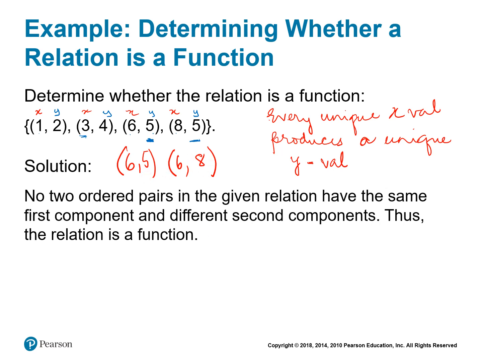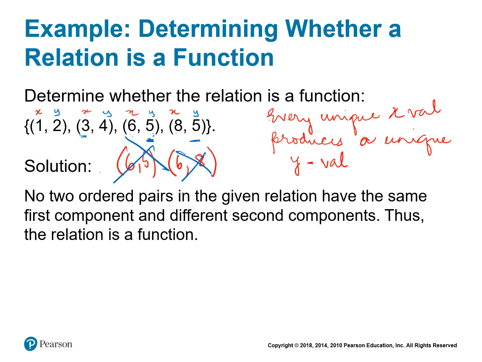This would violate the property of a function, but this is fine: 6 mapping to 5 and 8 as an x value mapping to 5. That's not a problem. I just wanted to point out that you can have the same y value appearing twice or thrice as long as it's associated with a different x value.